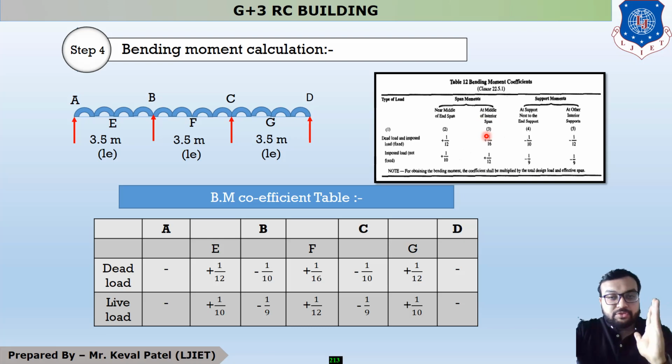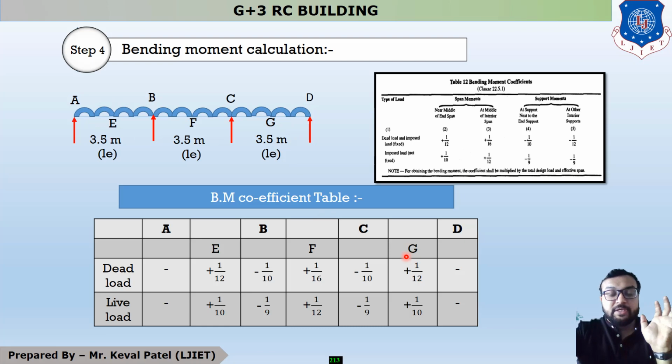You have already discussed that these two are your end spans, and point E is at the middle of end span. So for middle of end span, your coefficient is plus 1 by 12 for dead load and plus 1 by 10 for live load. And a similar coefficient is for G.